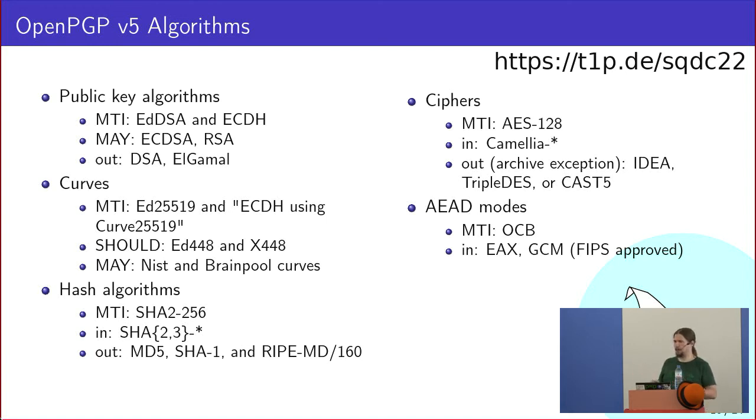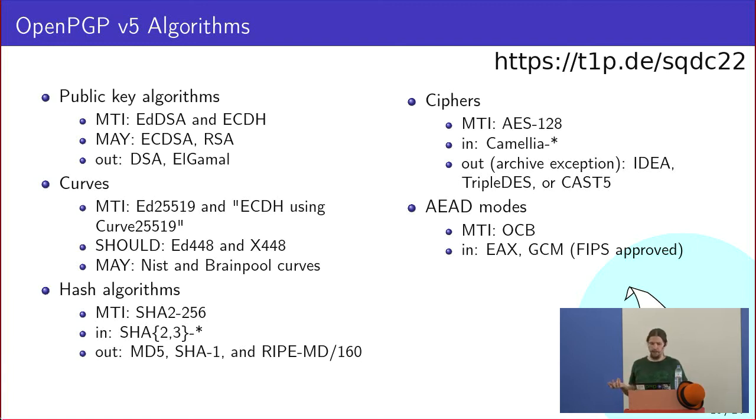Ciphers, we have only one mandatory one, the short AES one. We have the Camellia suite in, and IDEA, TripleDES, and CAST5 are out, except if you're looking at old messages. In terms of AEAD modes, there is, again, only one mandatory one. It's OCB, which is nice because it's fast and the patents were lifted.